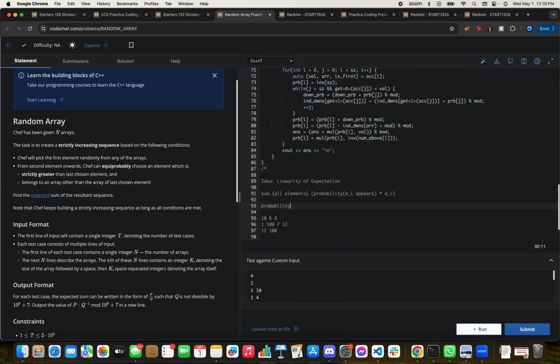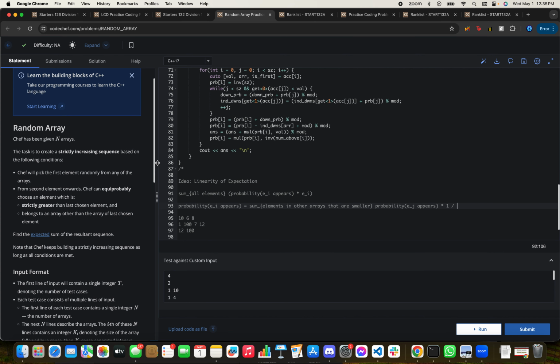And the probability E_i appears equals the sum over elements in other arrays that are smaller of the probability E_j appears times the probability we get E_i after E_j.